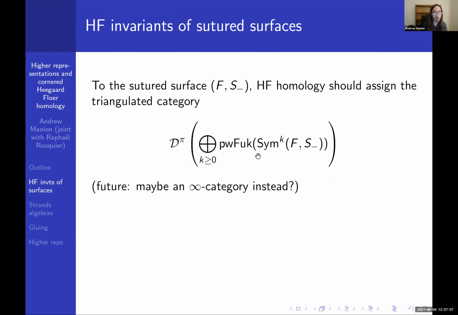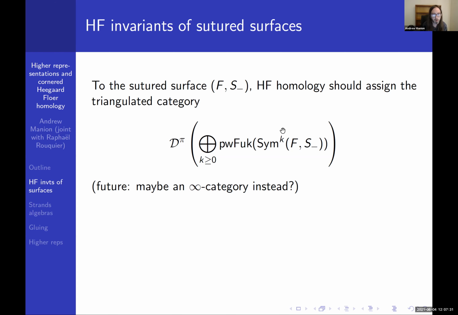If you want it to really be an invariant of the surface, you probably want to take a derived Fukaya category, this D pi, the idempotent completion of the homotopy category of twisted complexes. And what are we taking D pi of? It's a sum of partially wrapped Fukaya categories for all possible symmetric products Sym^k.